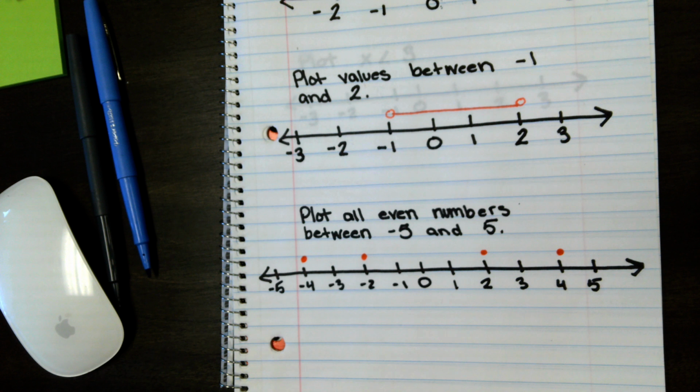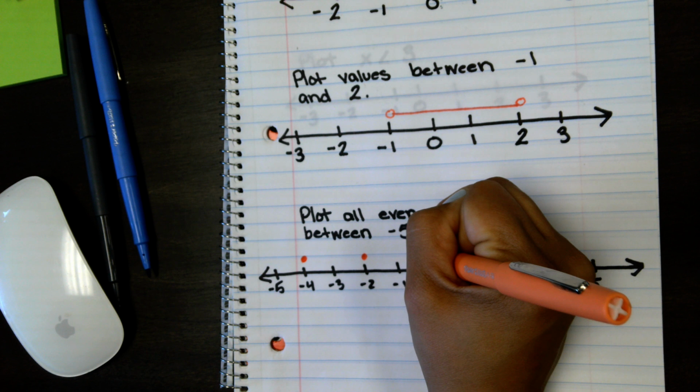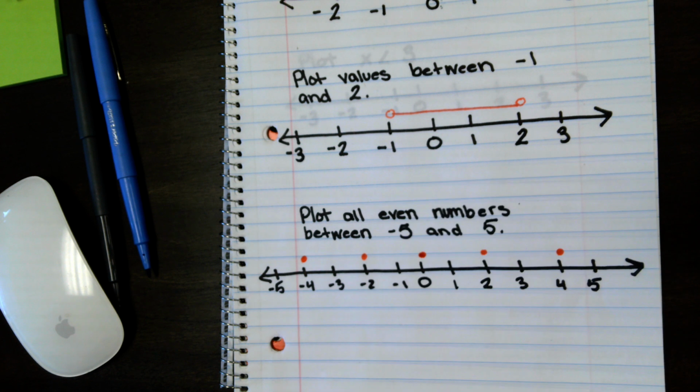So this would be a situation where you don't need to use a line because you don't have to capture every single thing in between. Okay. So, oops, sorry. 0 also. 0 is actually considered an even number.